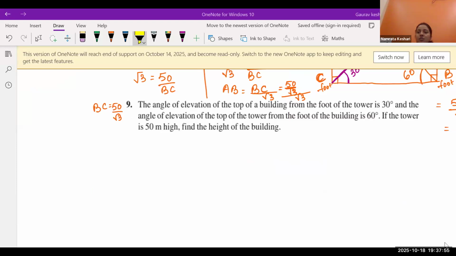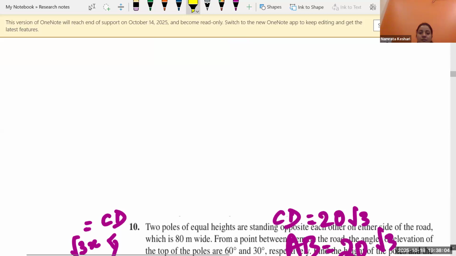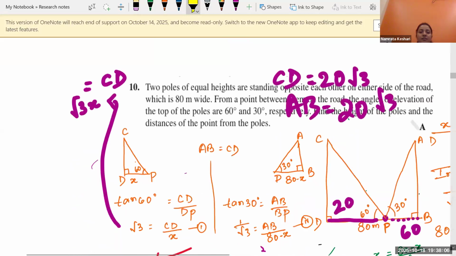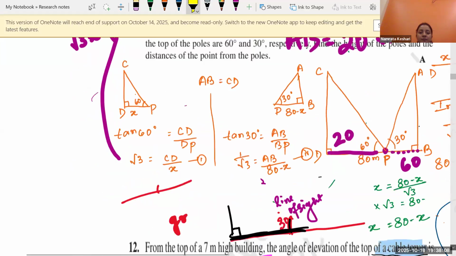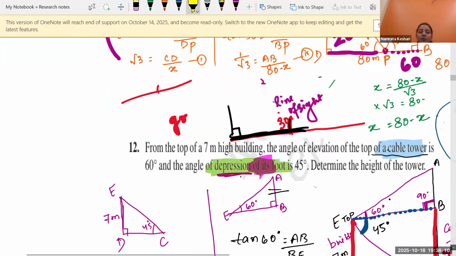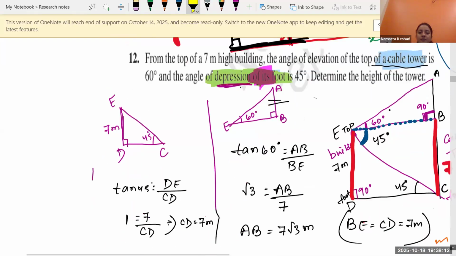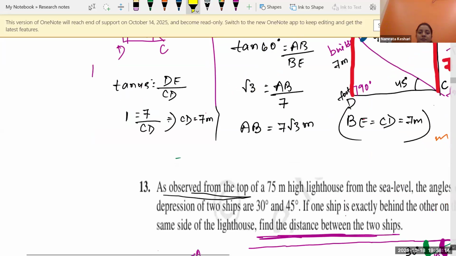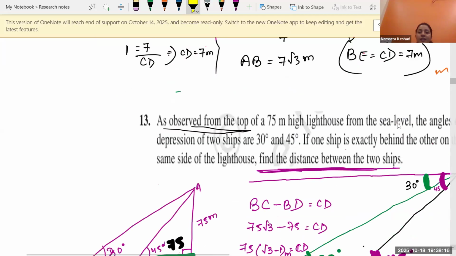We had done till which number? Yes, Afshin and Salva. This one, right? We had done 12 also, right? No, ma'am, we didn't. Okay, 12 we have not done. Let me take it.